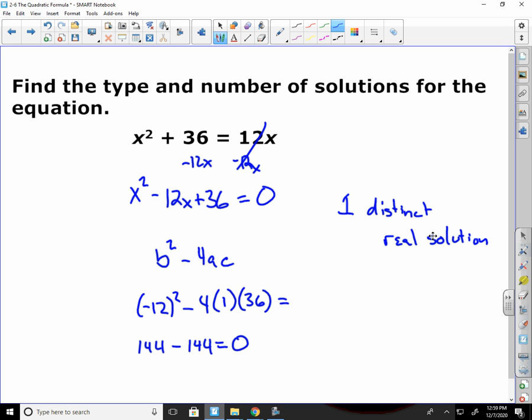If I am working through the quadratic formula, I can use this just by looking at it to tell me how many solutions I should end up with, and if I should end up with an i.